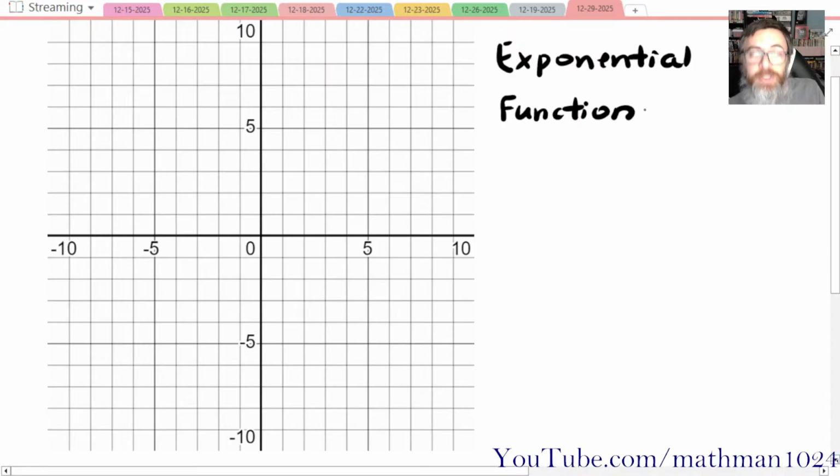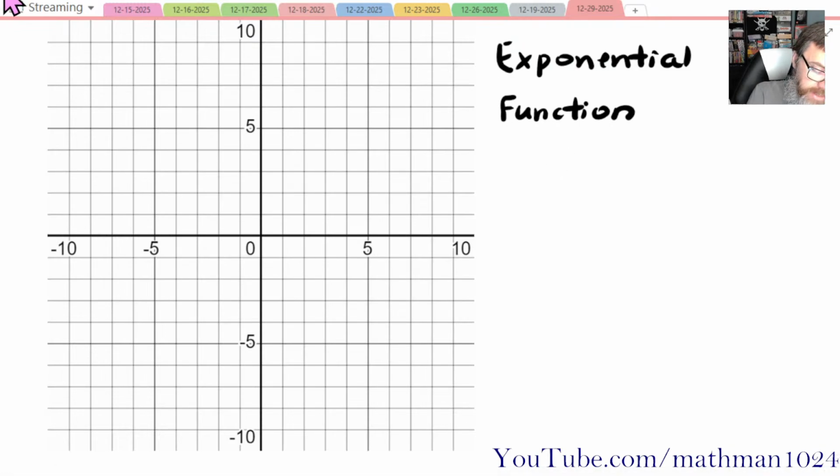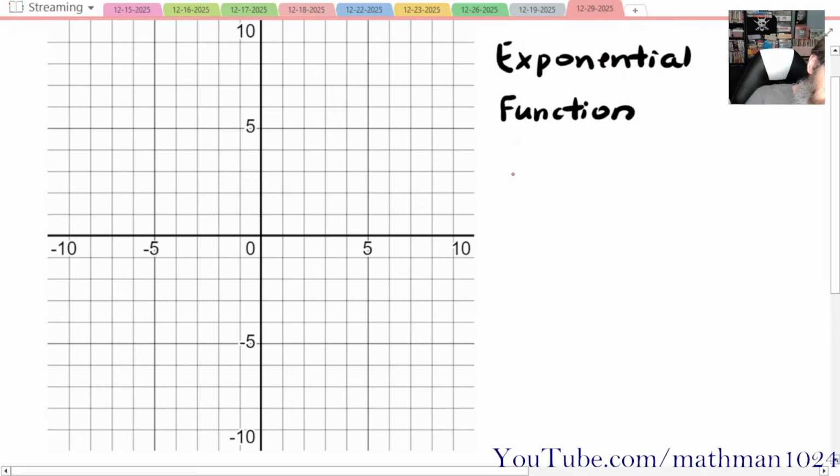All right, so exponential functions. Our basic exponential function is going to look like this. Actually, I'm going to do this in red, just because there's one particular kind of guy that I like to work with. But this is just the generic form. So f of x is equal to a to the x.